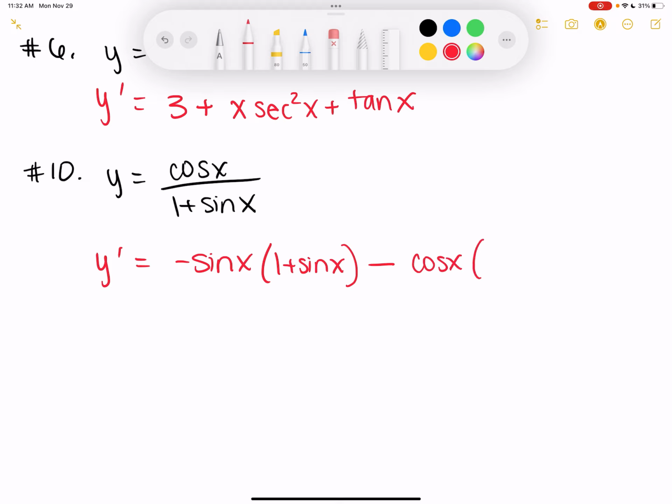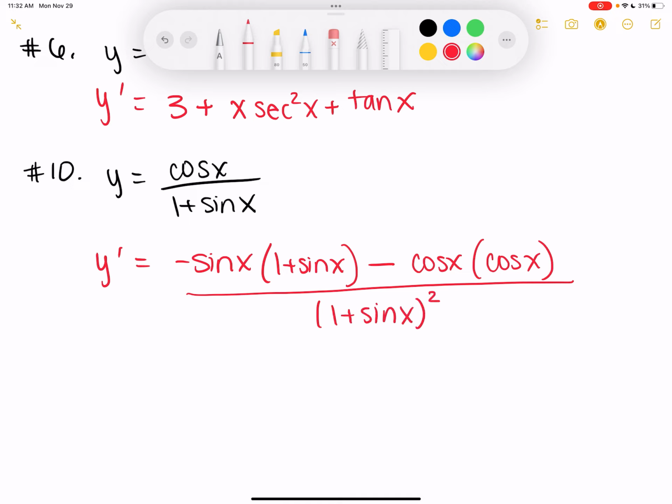The 1 is going to go away. The derivative of sine of x is cosine of x. And then over the bottom squared, so 1 plus sine of x squared. Make sure, especially when we're doing trig quotient rules, to leave this on the bottom as a squared term, because a lot of times the book is really nice and allows it to cancel with something.